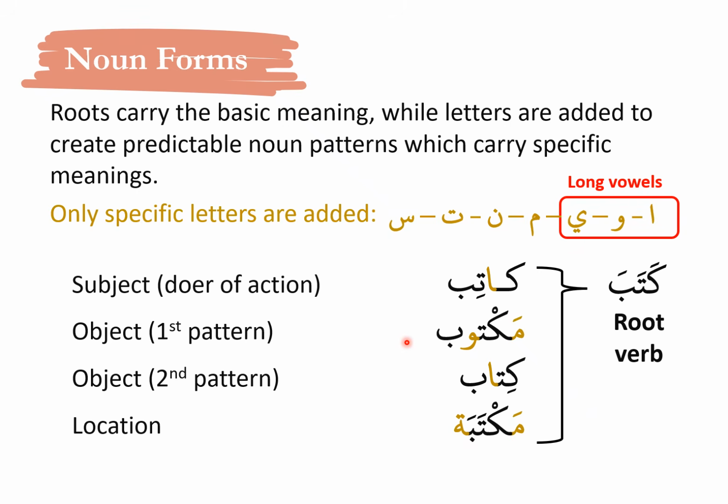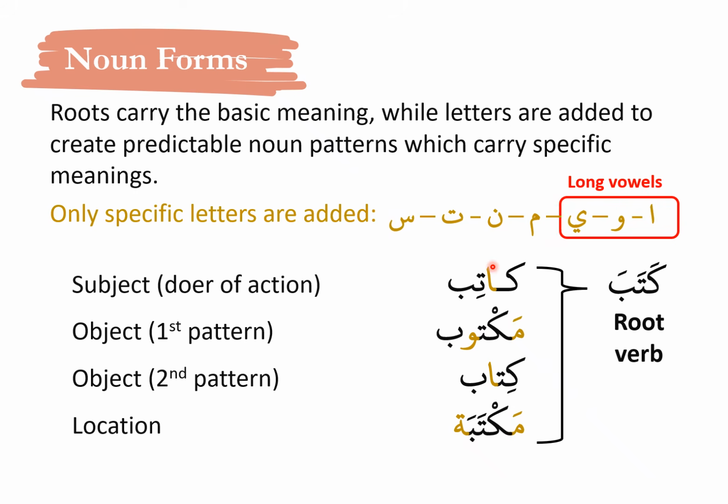These are examples for nouns extracted from one root verb. The root here is kataba, and we add to it specific letters. In the case of noun forms, there are actually 10 letters. I've mentioned here a group, and you notice that the 3 vowels are from these letters that can be added to nouns, and indeed they appear here.